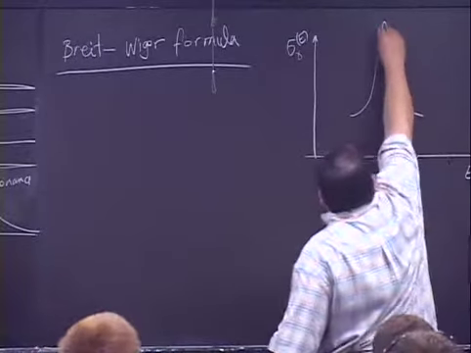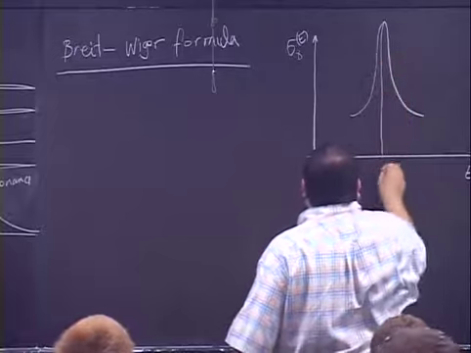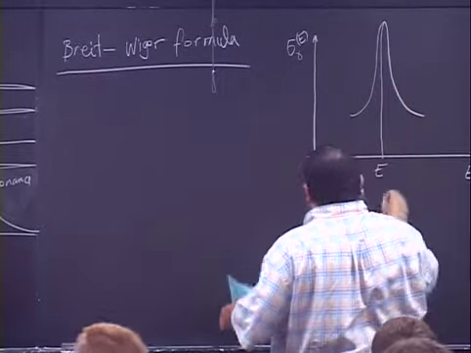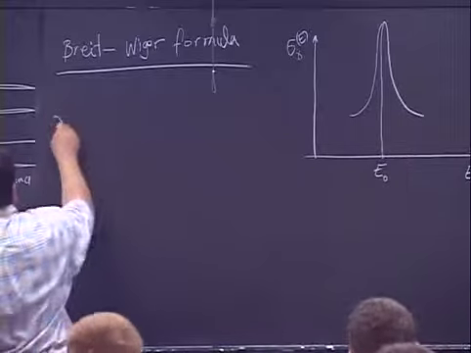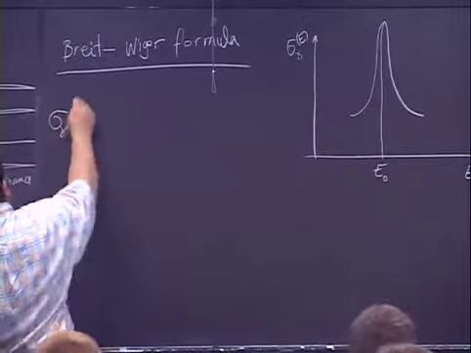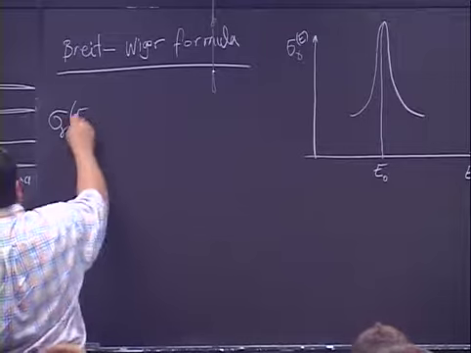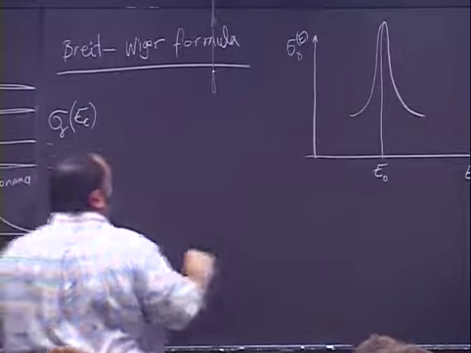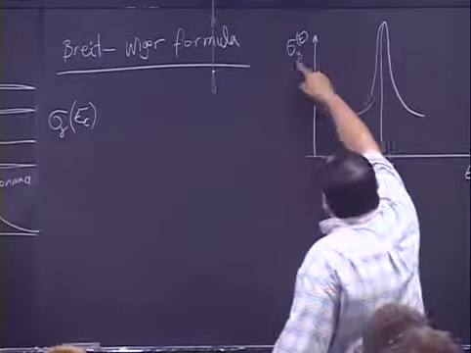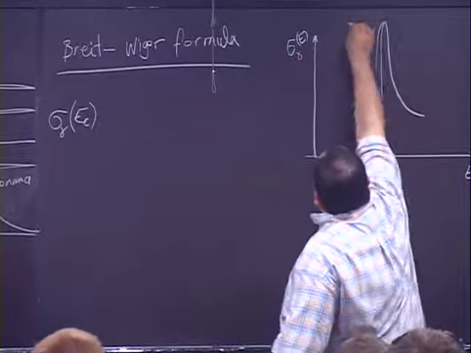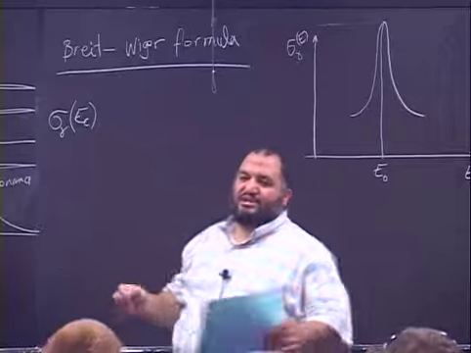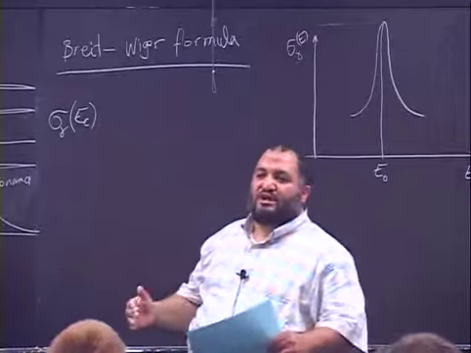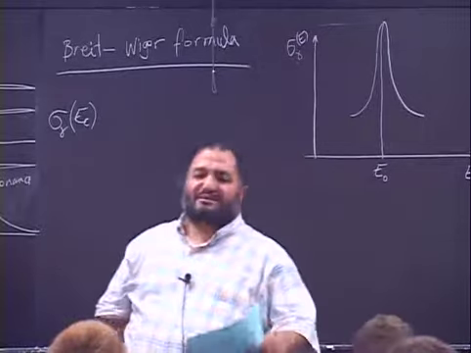The maximum of the resonance here is at E naught, for example. So Breit and Wigner represented the radiative capture cross section, sigma gamma, at energy EC. EC here is any energy of the neutron in the center of mass system.